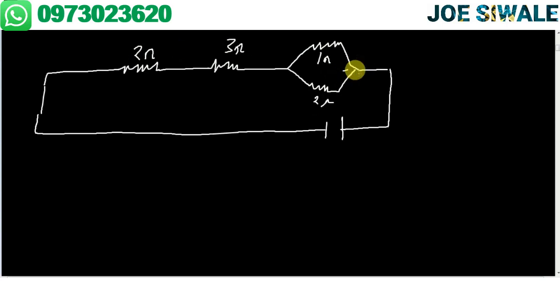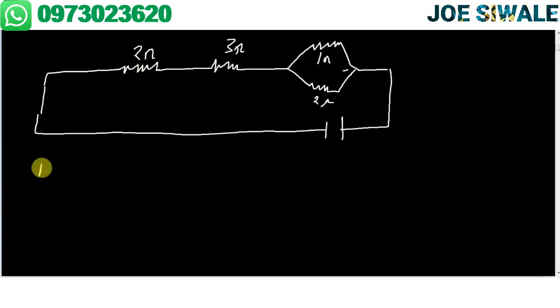And if I've been told to calculate the total resistance here, I have two types of connections. So 2 ohms and 3 ohms, they are connected in series, as you can see, and 1 ohm and 2 ohms, they are connected in what? In parallel. So for this, we can add this one and this one, since these are in series.